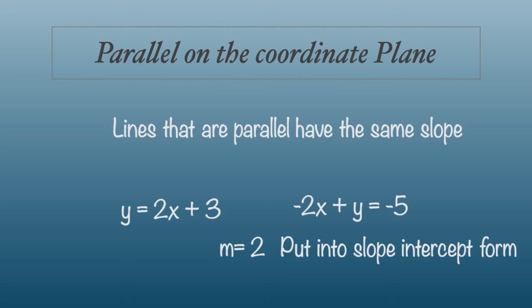My slope is equal to 2. I need to put this other equation in slope-intercept form in order for me to compare the two. So I'm going to do that by doing a little bit of algebra, and I get y equals 2x minus 5. So now I can tell that both of them have a slope of 2 and they are parallel to one another.